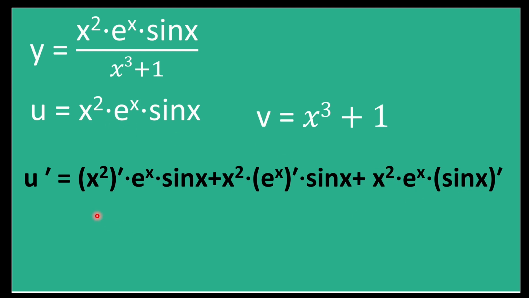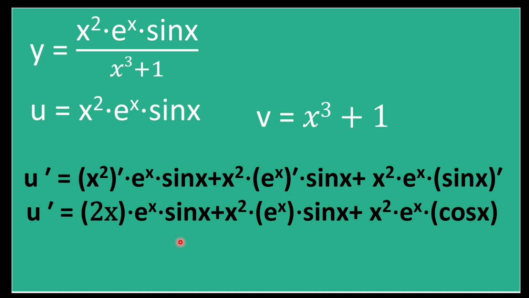Now the differentiation of x squared is 2x, the differentiation of e^x is e^x as it is, and the differentiation of sin x is cos x. So we will introduce these derivatives over here. So this will become 2x, this will remain as e^x, and sin x will change to cos x after differentiation.